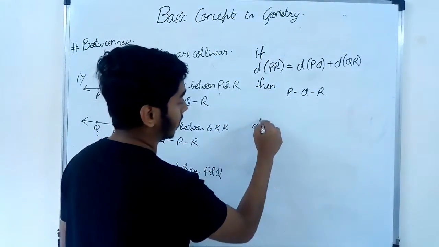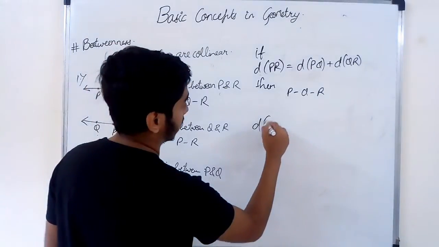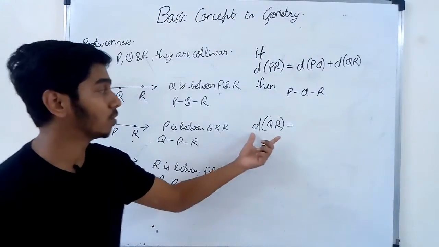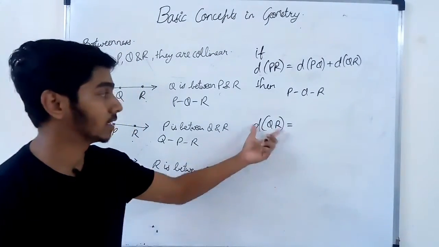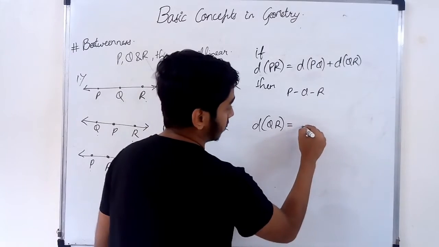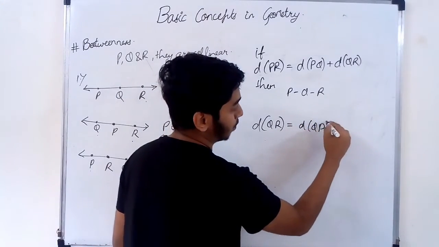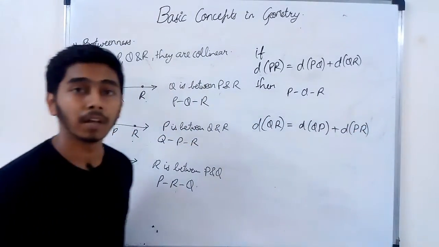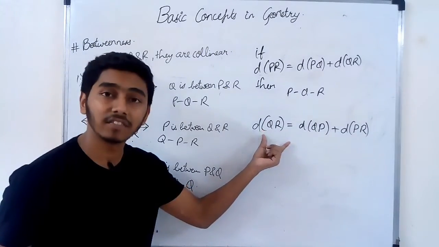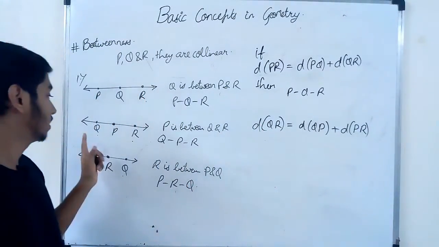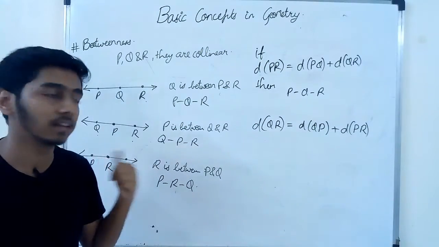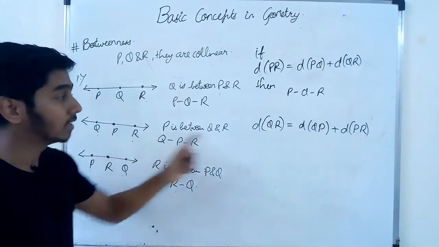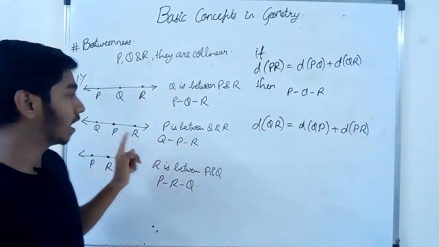Now let's say if I want to find distance QR, how can I say it? Distance QP plus distance PR. Now here, the ones which we take on the left and right are the two extreme points, means the end points of a line. You can understand from this itself. So QR is equal to QP and PR.